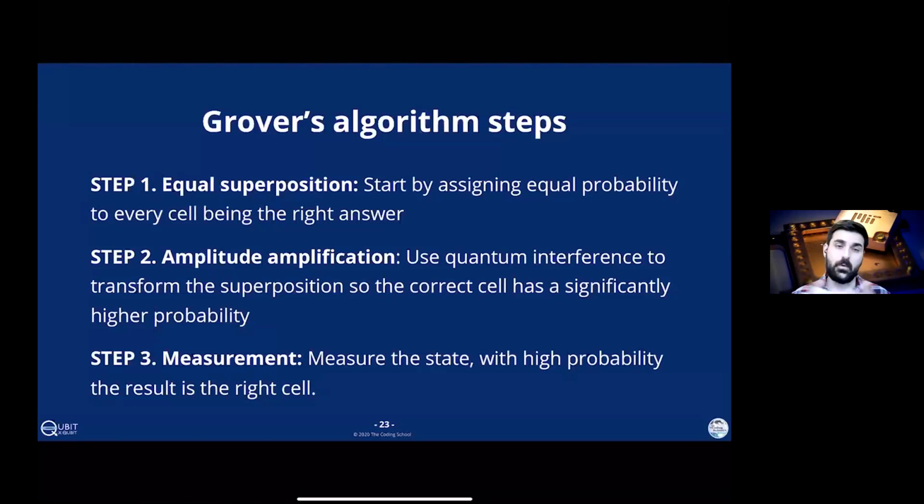And finally, we measure the circuit. And once we measure the state, with high probability, the result is the right cell. And in fact, there are modifications to the algorithm that I'm going to describe for you today, such that we can get the correct answer not with just high probability, but with 100% probability.